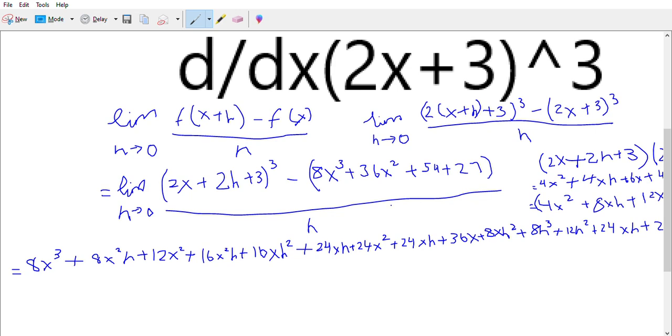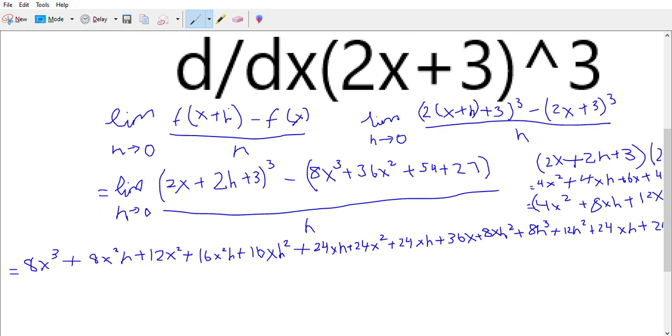As I said, this entire thing which I just wrote is just this distributed out entirely. So I haven't even accounted for 2x plus 3 cubed, which I've already distributed a long time back. First, I just want to combine all the like terms. There are a bunch of them.